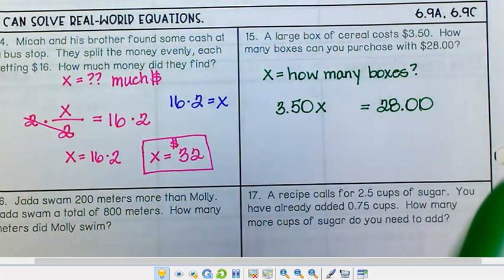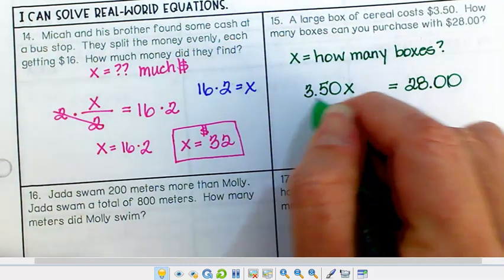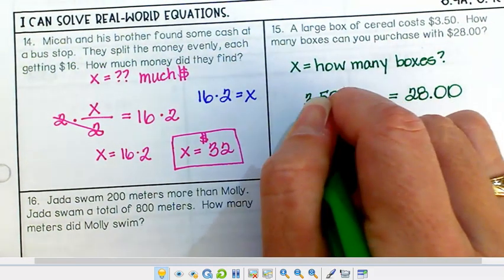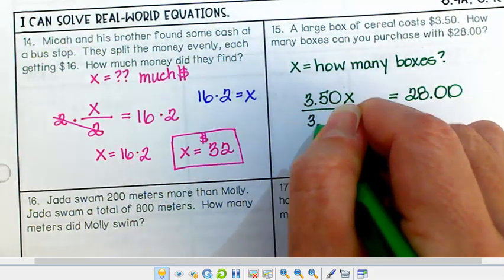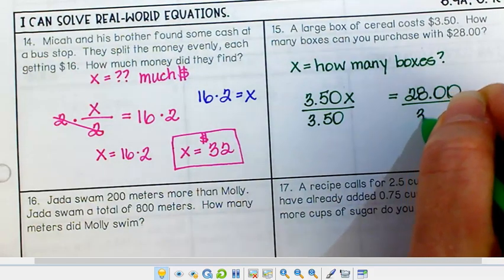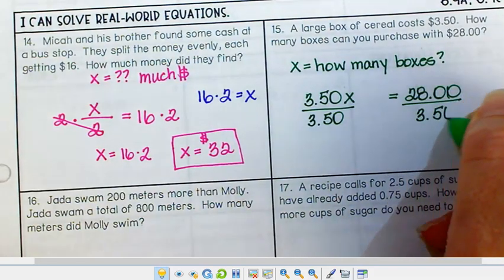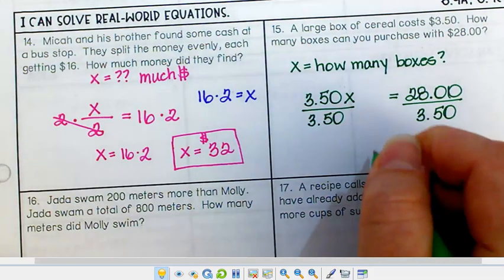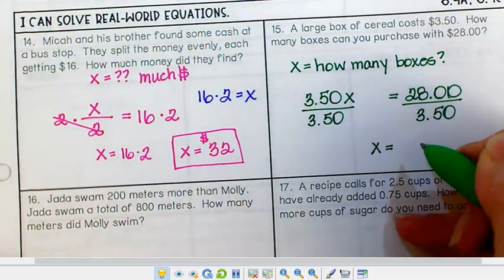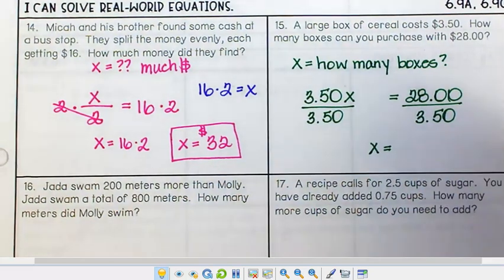How do I get the number of boxes? Well, right now, these two are multiplied together. Get X by itself by doing the opposite. So divide by $3.50, divide by $3.50. Okay? I'll let you guys actually do the math, but you just clean it up, and it's 28 divided by 3.50.